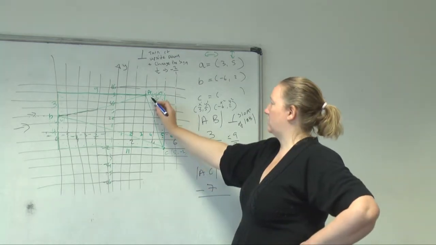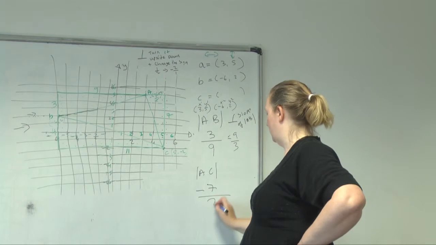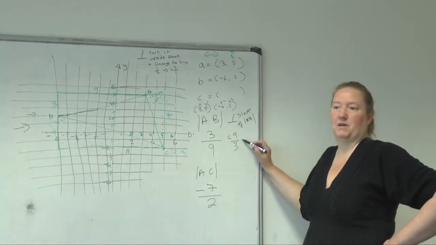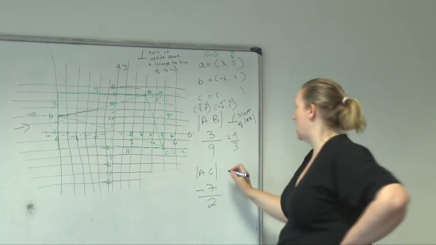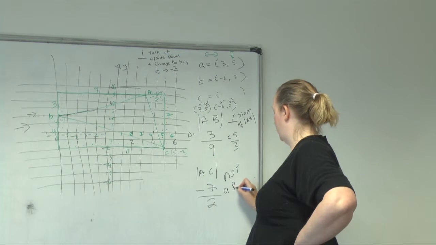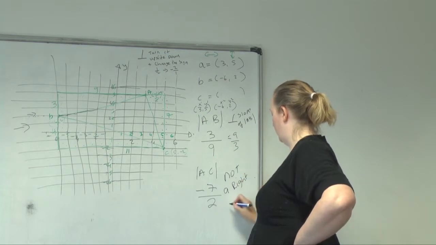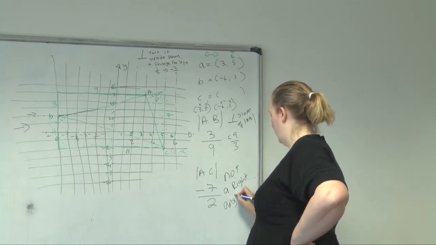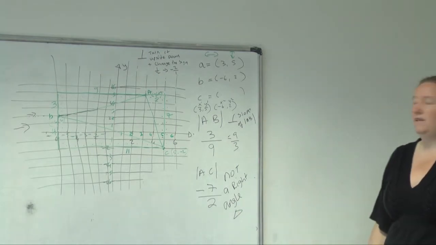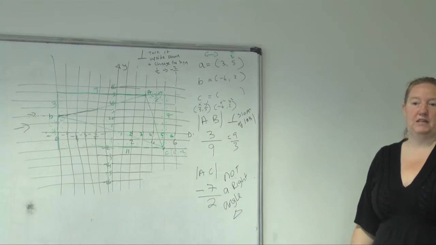Over the number of boxes across, it's 2. 7 over 2, minus 7 over 2 is not the same as minus 9 over 3. So it is not a right angle triangle, because the slopes are not perpendicular.